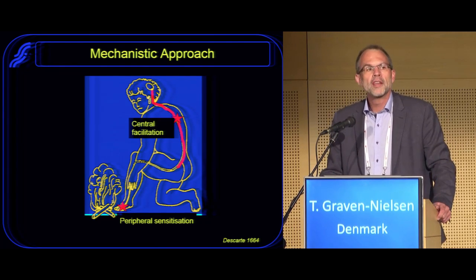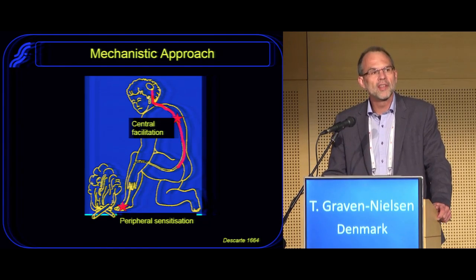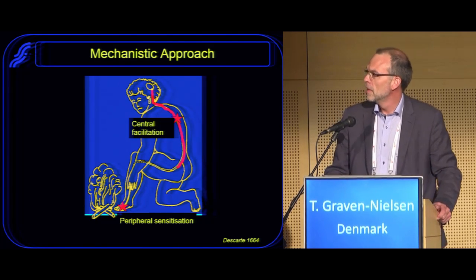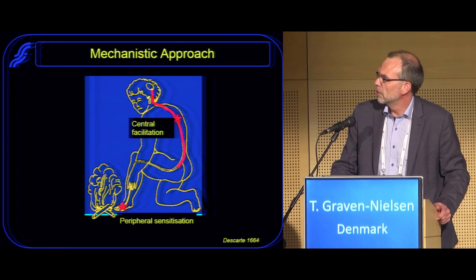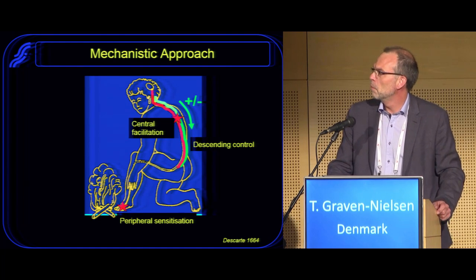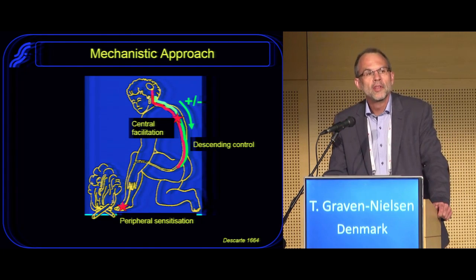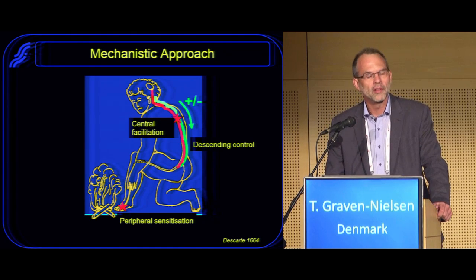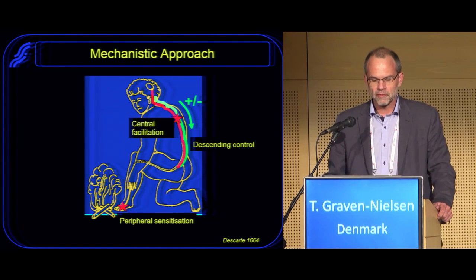But fundamentally, many of the central mechanisms can be facilitated and, of course, change the way that pain is manifested in the system. And then finally, a very important thing is also how the supraspinal system will change the way that it controls the incoming nociceptive information.